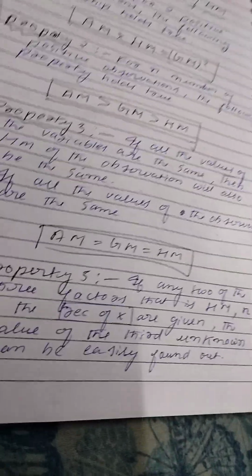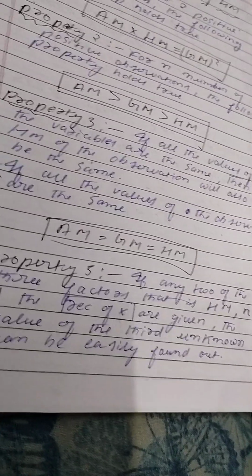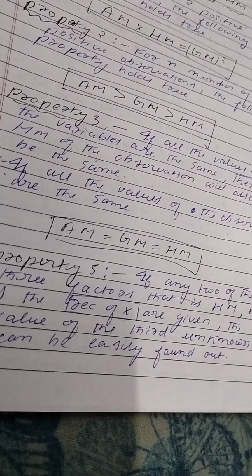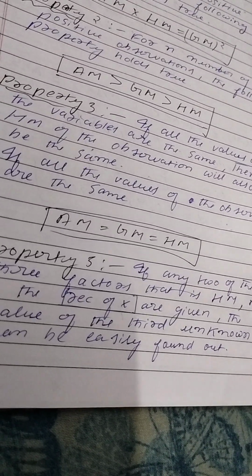If we are taking an individual series, all the observations are 2, and it is repeated 5 times.